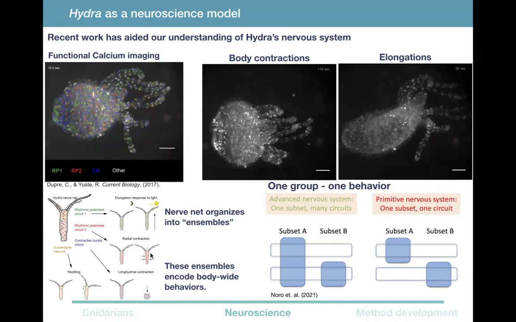What I mean by that is that if you're a contraction burst neuron, you always fire with contraction burst neurons. You all fire together, and you all together produce a single behavior. Whereas for animals like us, you might have multiple neurons controlling different behaviors, or a single behavior controlled by different subsets of neurons. So it's much more complex, and here things are extremely simple.